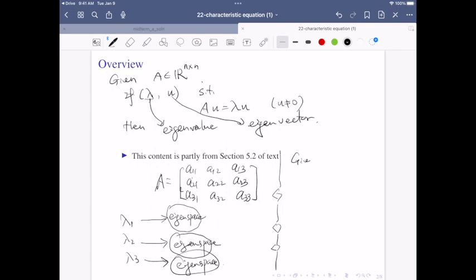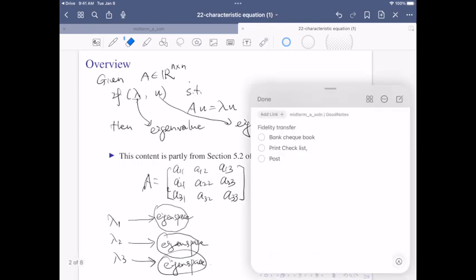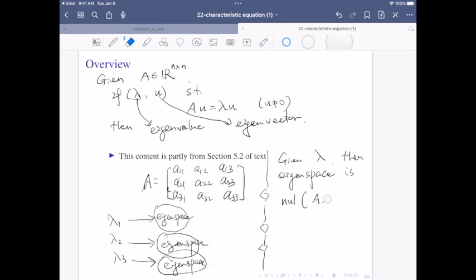So given an eigenvalue lambda for A, the eigenspace is equal to the null space of A minus lambda I. This is how you find it: solve A minus lambda I times x equals 0. Then the solution set gives your eigenspace.